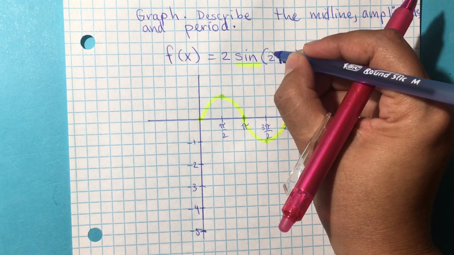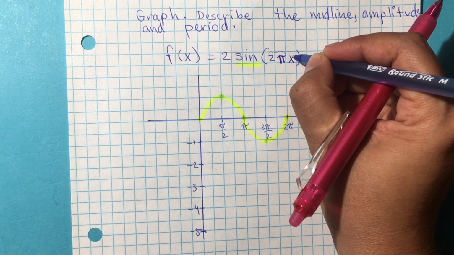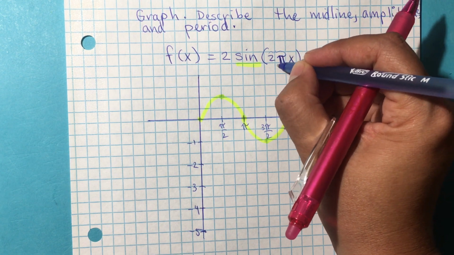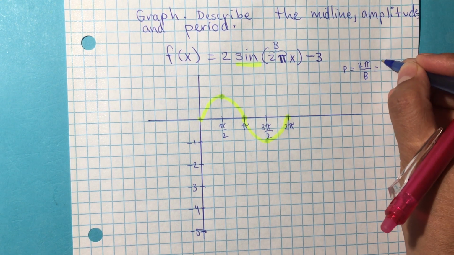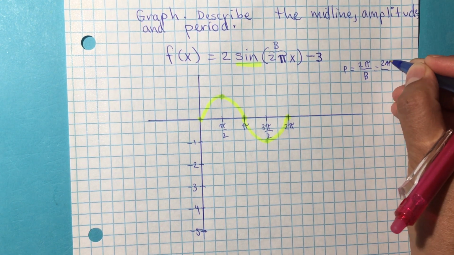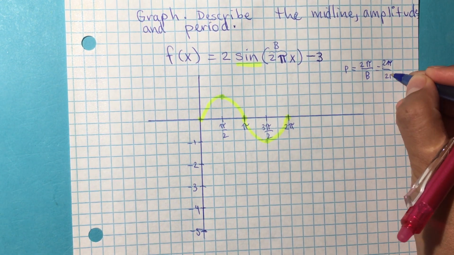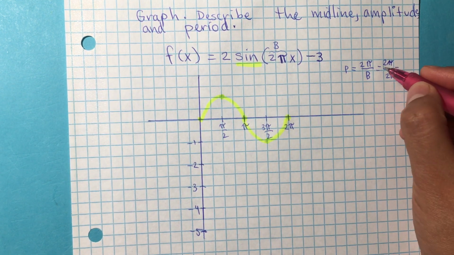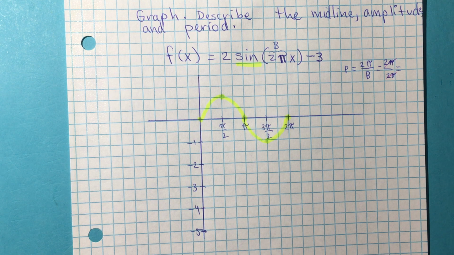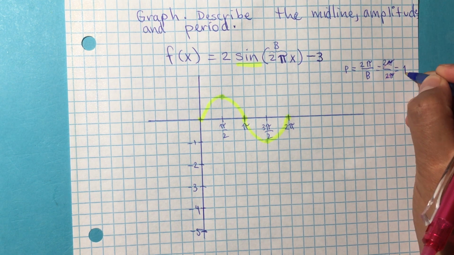And b is this part right here, the coefficient of x, whatever is left of x. This is my b. So I'm going to divide 2 pi by 2 pi. In this case, 2 pi happens to be b. 2 pi divided by 2 pi cancels, and so your new period will be 1.